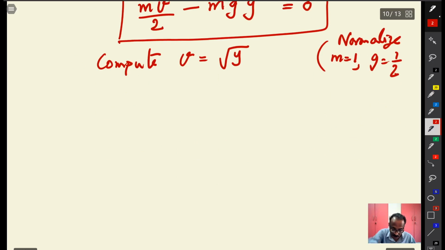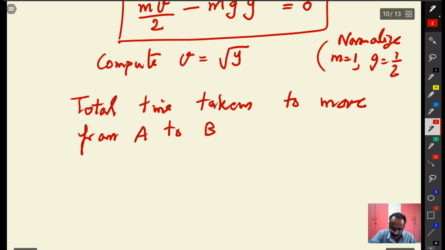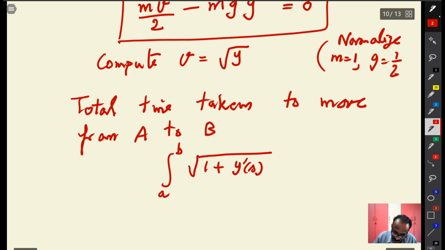And then what is the functional? If you want to understand the time taken, so the total time taken to move from A to B is: you compute the length of the curve, from A to B, the square root of 1 plus y prime of s squared, and then divide by the velocity, basically, ds.